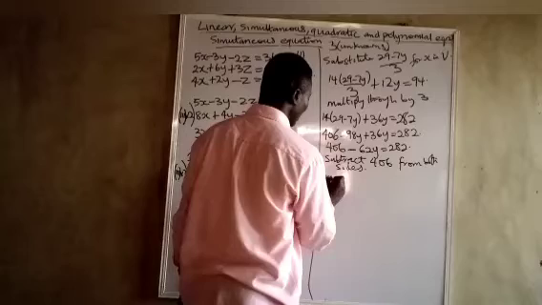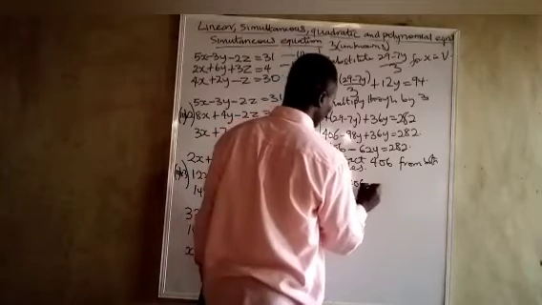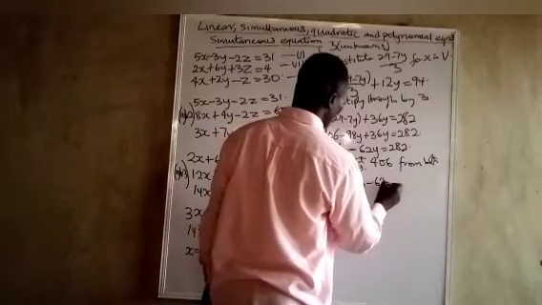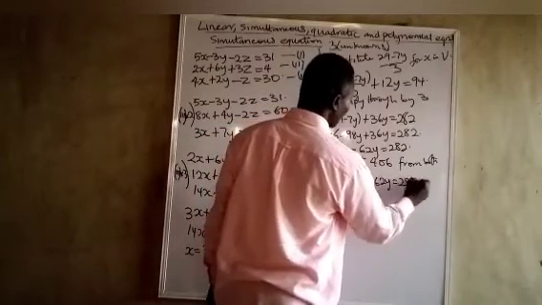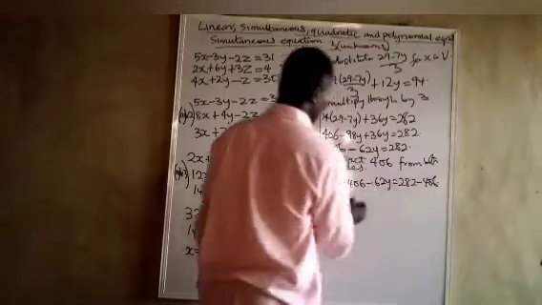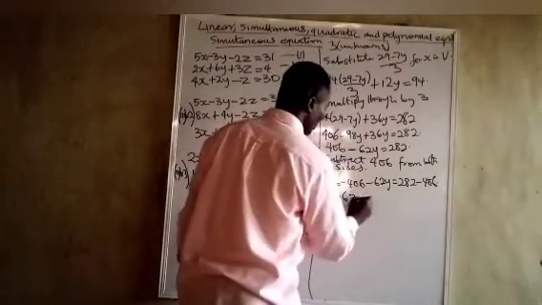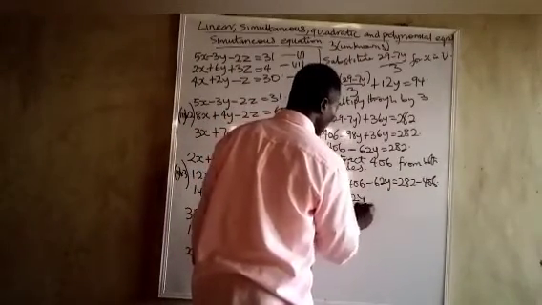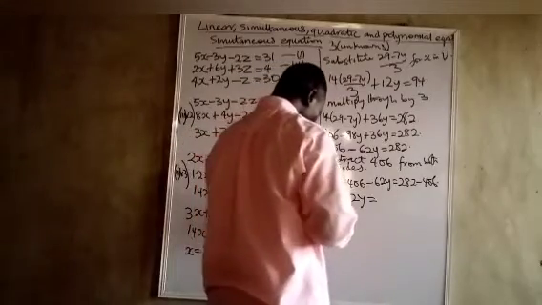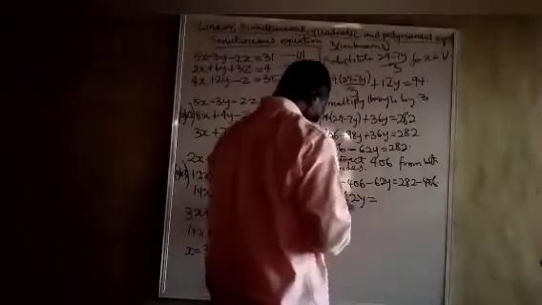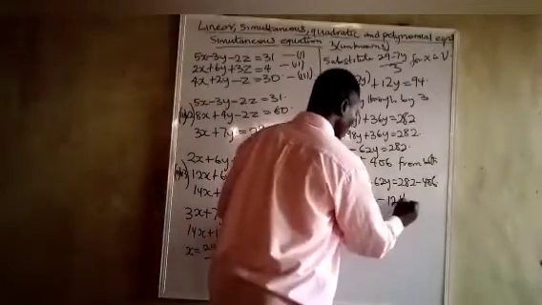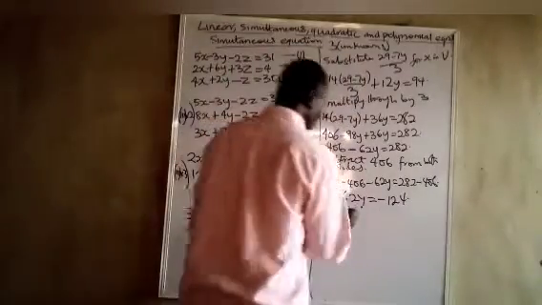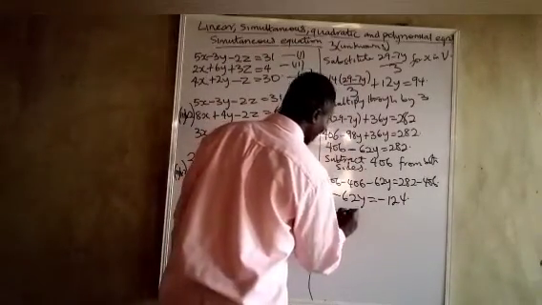So I have 406 minus 406 minus 62y is equal to 282 minus 406. What does that give me? It gives me minus 62y is equal to minus 124. So I have to divide both sides by minus 62.